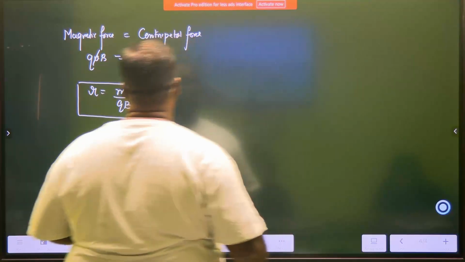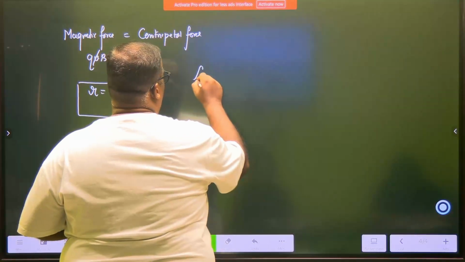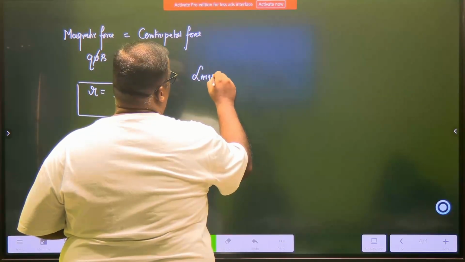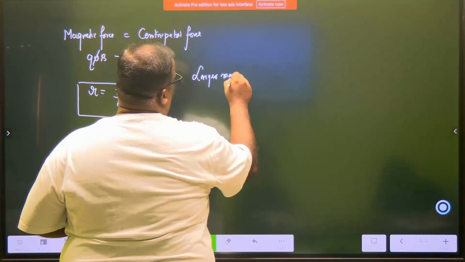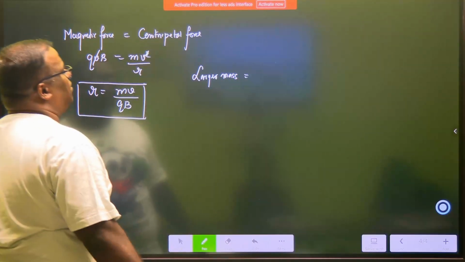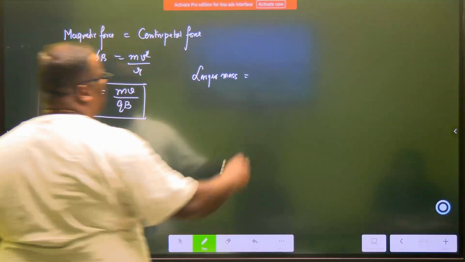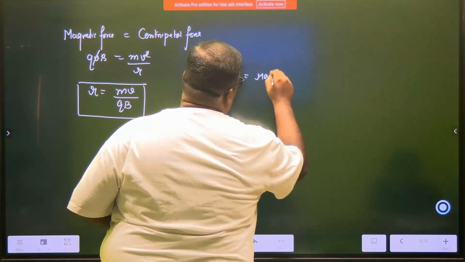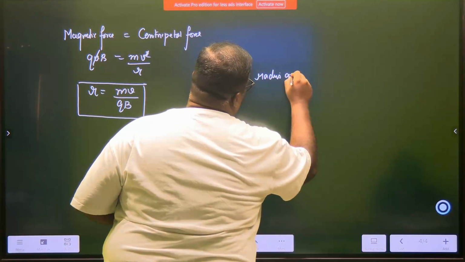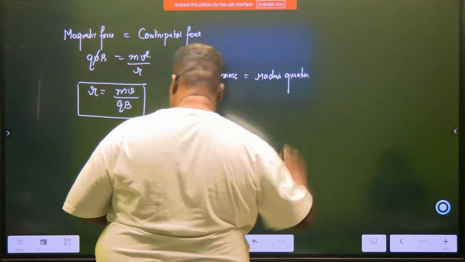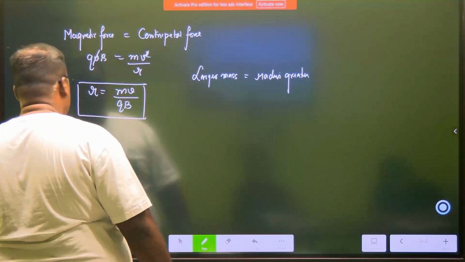A couple of things out here. Larger mass. If the mass is large, suppose you have a charged particle which is very heavy, then what happens to the radius? The radius will be greater. Then higher speed.